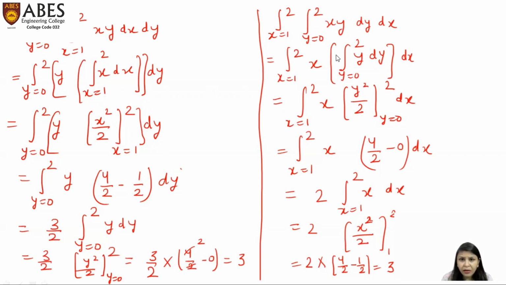But in the second part, we first integrate with respect to y, and then integrate it with respect to x. After solving this, we again get the same answer. So we can conclude here, the order of integration does not matter in case of constant limits.